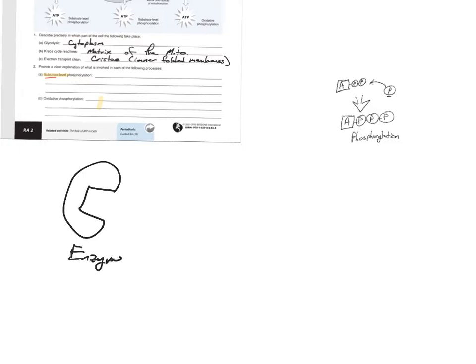Usually it's a protein, can be RNA, but it acts as a catalyst, right? It's an organic catalyst. Speeding up the reaction by bringing the reactants together. What do we call the thing that it acts on? Like the hydrogen peroxide that we used in the example earlier. This is H2O2, and this is catalase.